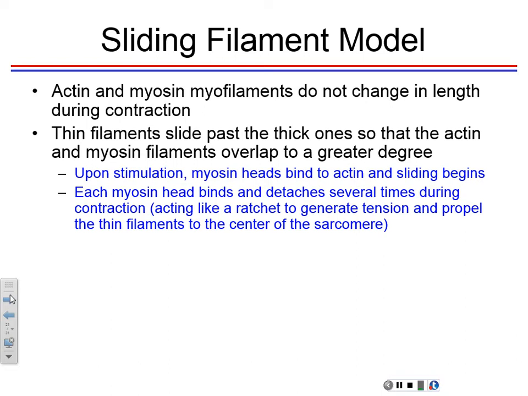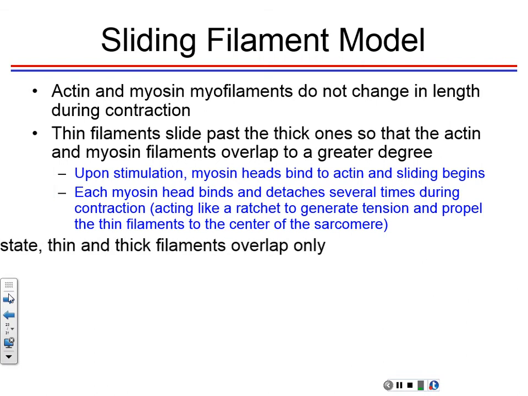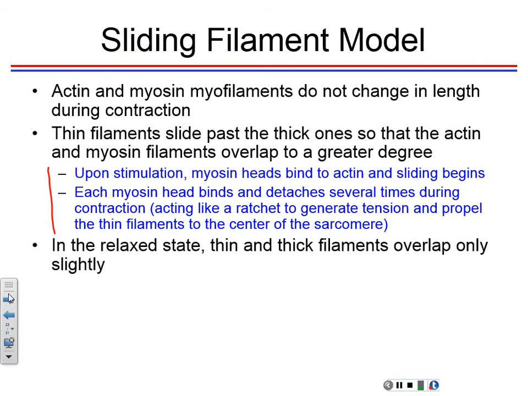Okay? So that's what happens in a ratchet-like motion. And then the thin filaments will be the ones that are moving inwards. The thick filaments stay put because they are attached right there at the M line by the desmin protein.